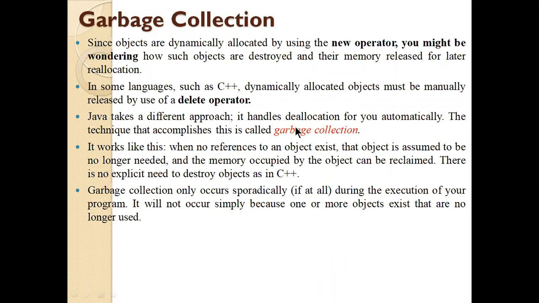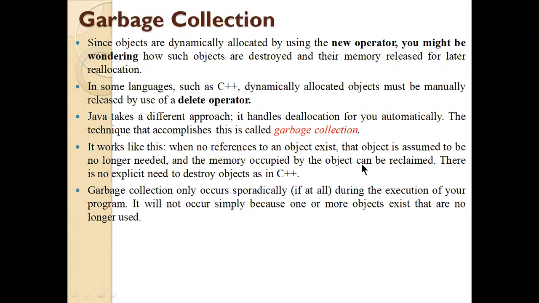Garbage collection works in the following way: when no references exist to an object, that object is assumed to be no longer needed. In that case, the memory occupied by the object can be reclaimed.